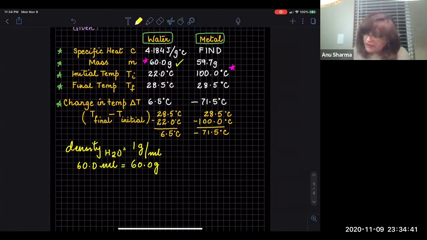Next, on the weighing machine, you can take the weight of the metal pellets, which in this case is 59.7. The initial temperature of water that is in the styrofoam cup is 22 degrees Celsius. And the initial temperature of metal in the hot beaker was 100 degrees Celsius.